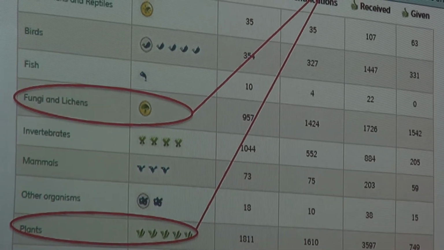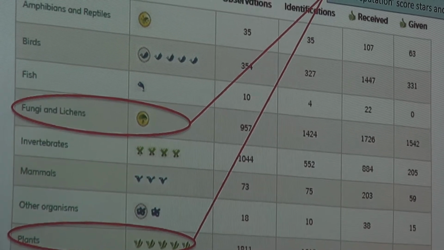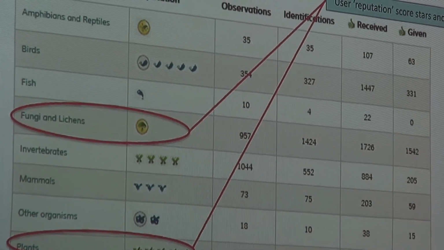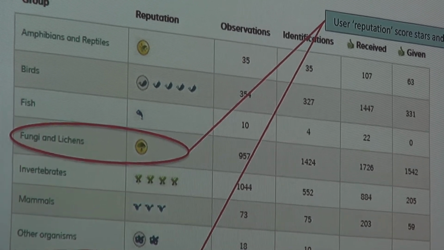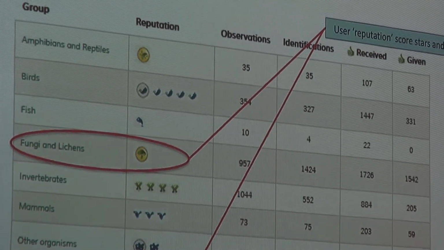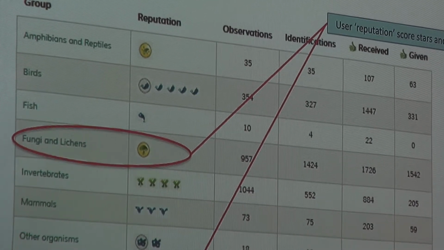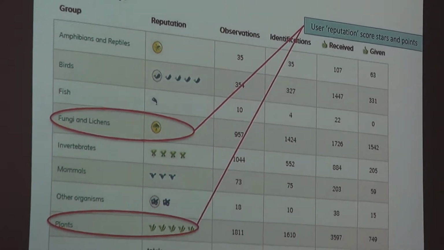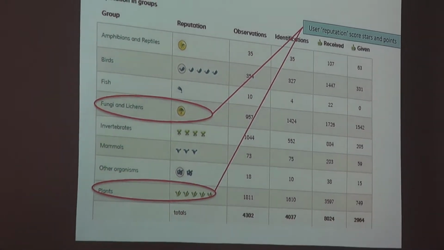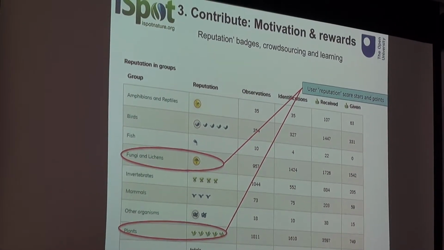So as you can see, this particular person has high reputation points for fungi, lichens, plants, and birds, but not very much on fish. But what we've noticed, and we'll talk a little bit more about that shortly, is that people who come in on certain areas can then see their points and interests growing in other areas, because as they use it and learn and share with others, they start posting other things as well.